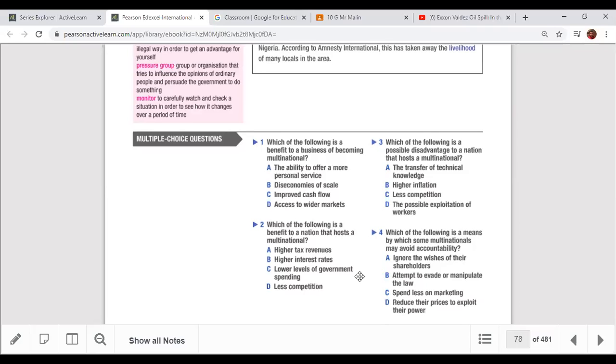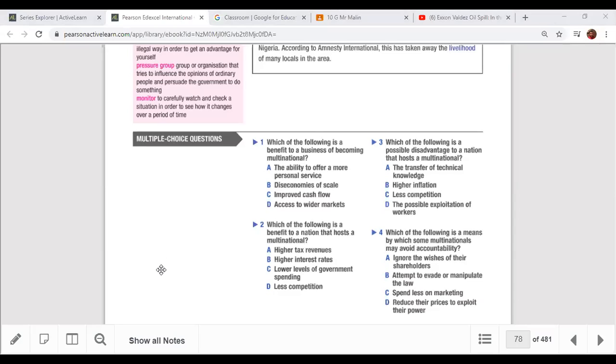Which of the following is a means by which some multinationals may avoid accountability? I'm asking this question of Saranya Fernando. How do they avoid accountability?